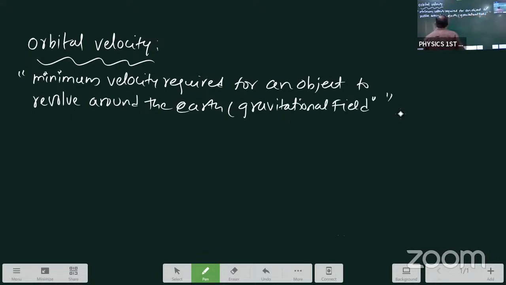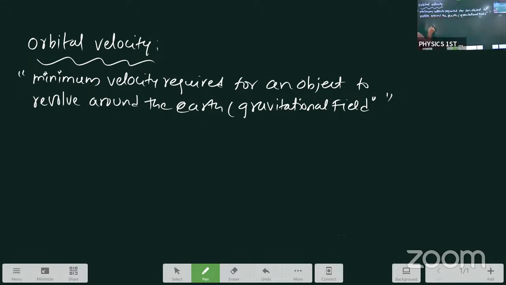This is the definition of orbital velocity. One object revolving around the gravitational body, one object revolving around the Earth. That minimum velocity is the orbital velocity.